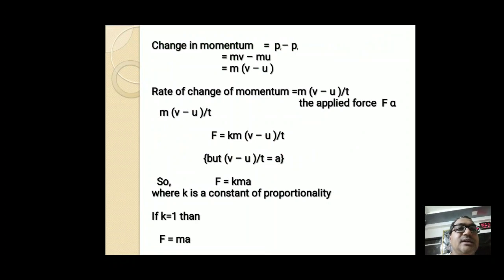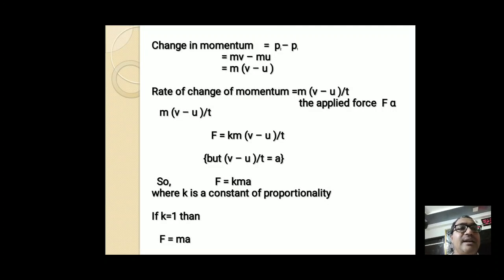Now students, let's continue. We have to find how much change there will be in the momentum. So change in momentum means final momentum minus initial momentum, that is P2 minus P1.